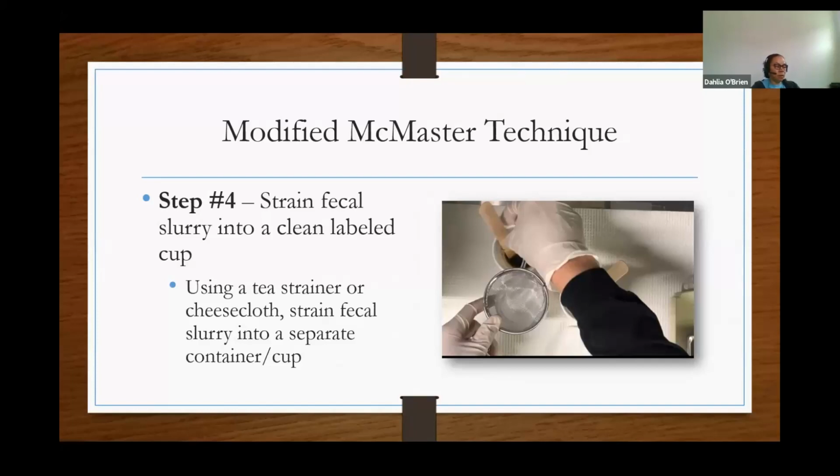This helps to get rid of any large debris, including feed material, grass, all that stuff that might be in there, just to make it easier to view under a microscope. I prefer to use a double layered cheesecloth because it strains a lot better, and it gets rid of more debris and makes counting a lot easier.